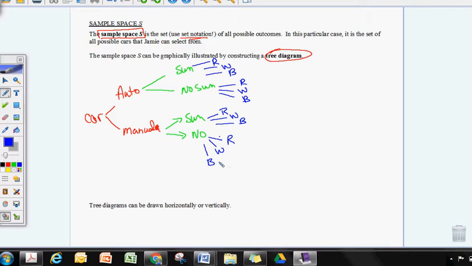So if I count these up, 1, 2, 3, 4, 5, 6, 7, 8, 9, 10, 11, 12, can you see you come up with your 12 combinations?